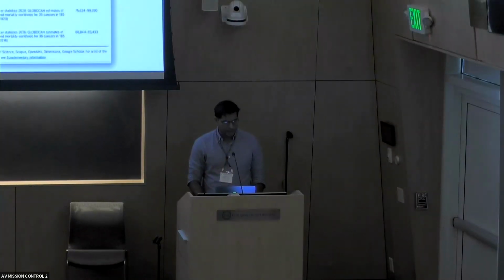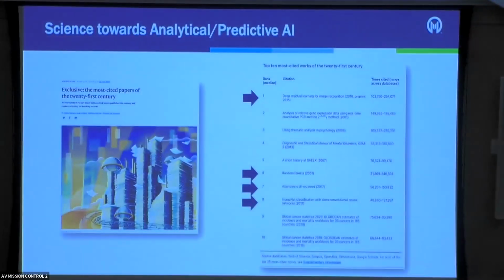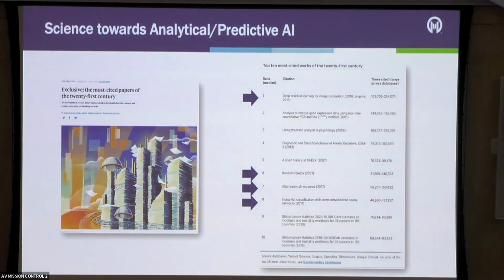So our lab is developing this second generation of machine learning tools. And it's not only the tools, but also a concept that we are trying to embed inside these tools. And this is because science has embedded machine learning, analytical and predictive AIs into it.